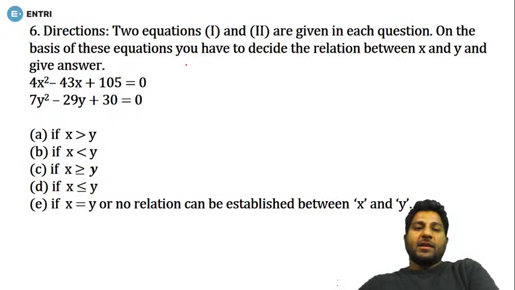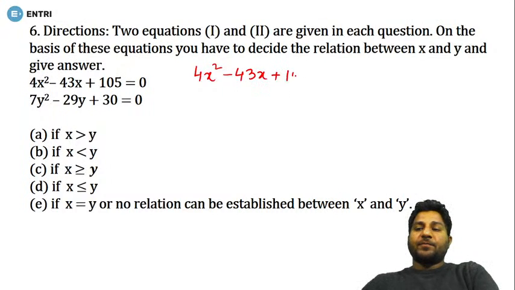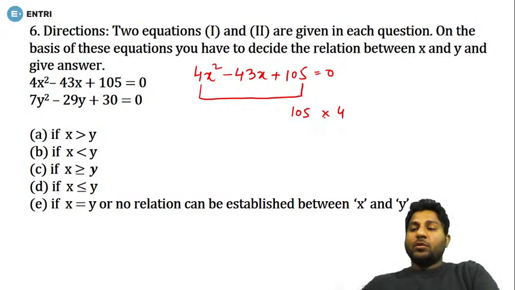Look at this. Let's learn how to factorize a bigger quadratic equation. Here we first need to multiply 105 into 4. But you will not multiply 105 into 4. Instead, you will factorize 105 as well: 15 and 7.